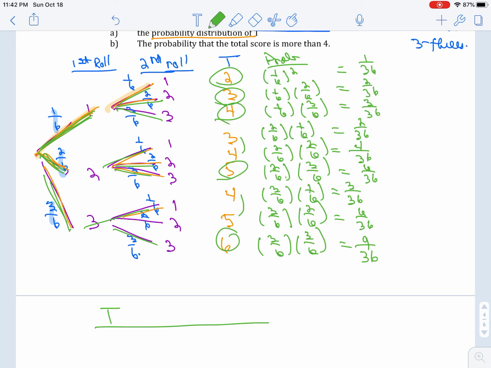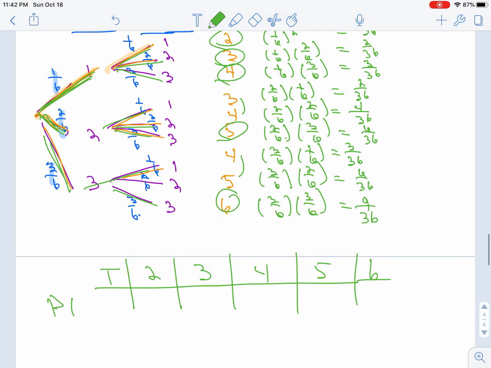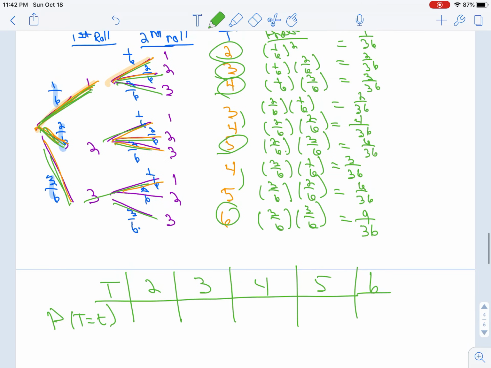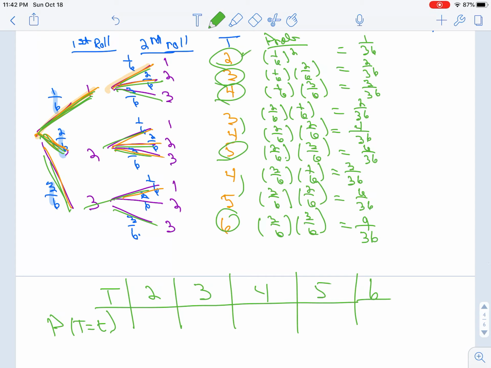So let's make the distribution for that. We have our variable T, and it can take on the values 2, 3, 4, 5, and 6. We want the probability that T equals each of these values. For the 2, there's only one way to get that, which is 1/6 squared, or 1/36. To get a 3, there are a couple of ways, and that's it: 2/36 plus 2/36, so that's 4/36.